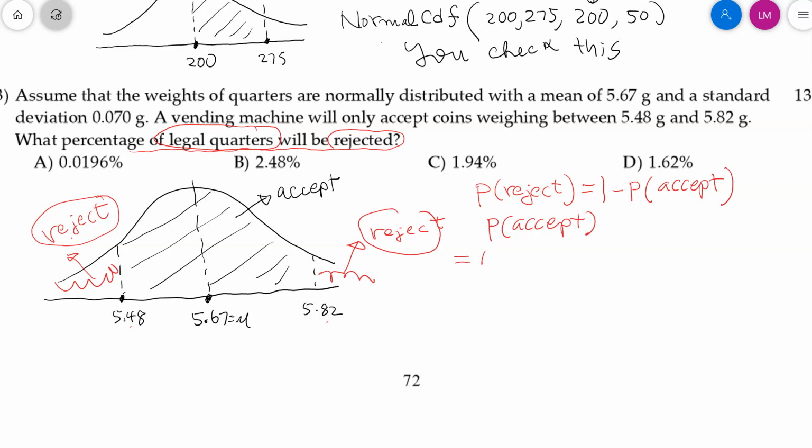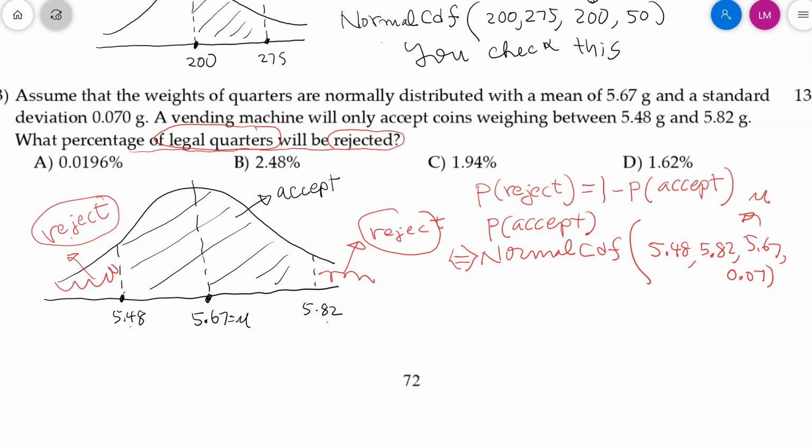That is normal CDF, and then 4 numbers: 5.48, 5.82, 5.67 for the mu, and then sigma is 0.07. You get this one first.